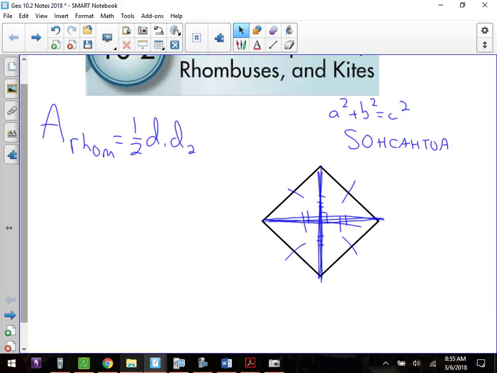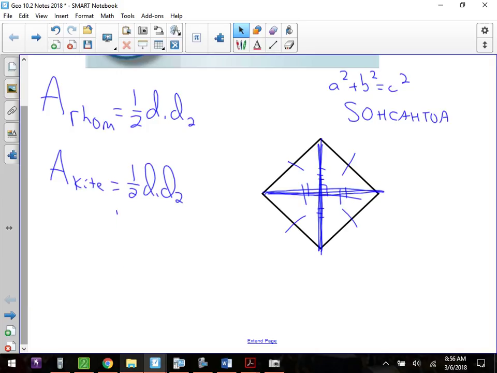Then the kite is basically the exact same thing. It is the same formula. But remember, with the kite, you have two isosceles triangles on top of one another, if you want to think of the easiest way.